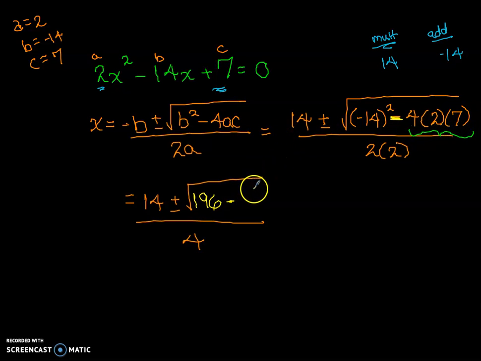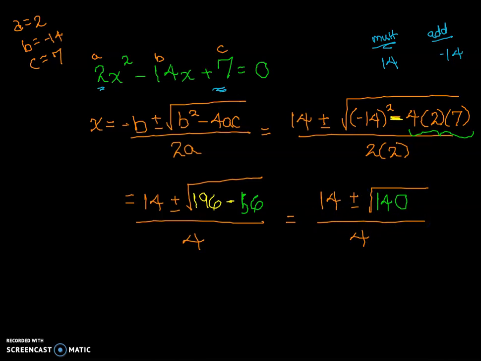Wait, I'm getting ahead of myself a little bit. That's 56, and then 196 minus 56 would give me 140. So inside of the square root will be 140. Everything else will just be brought over.